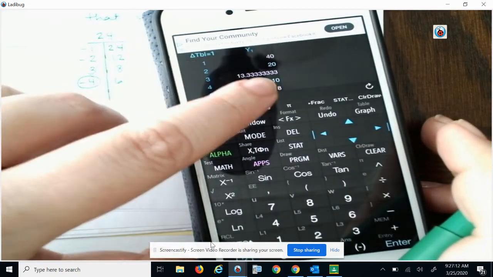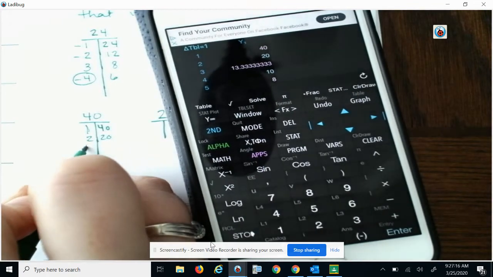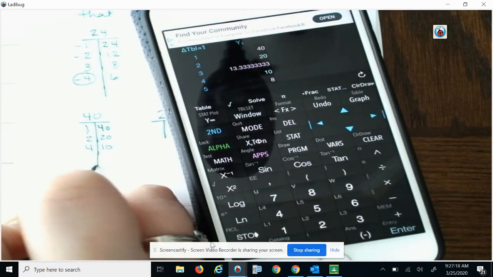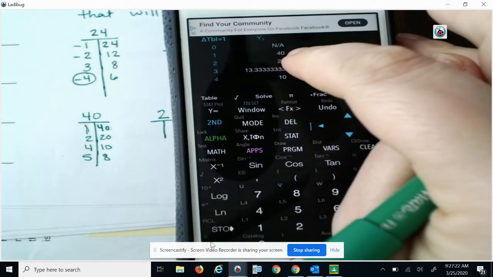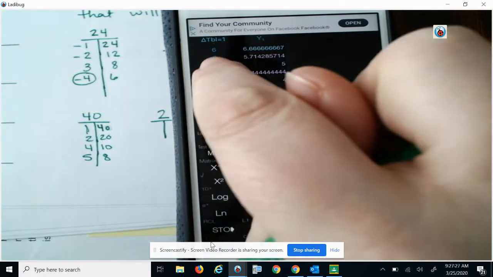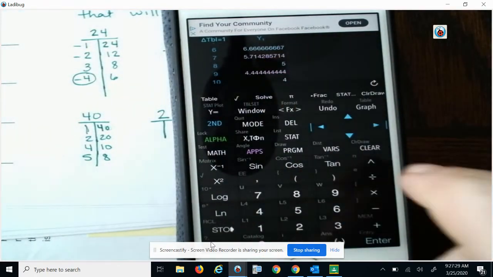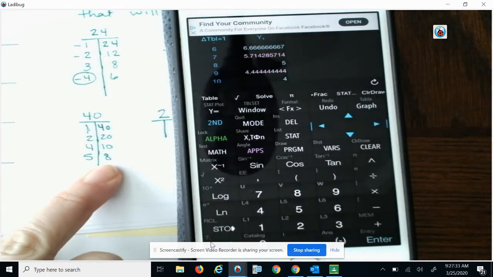And then 3, you see there's a decimal number, so I'm not going to write that one down. 4 and 10, 5 and 8, 6, there's a decimal number, 7, there's a decimal number, and then we get to 8 again. 8 is already on our T-chart, so we don't have to write any more down.